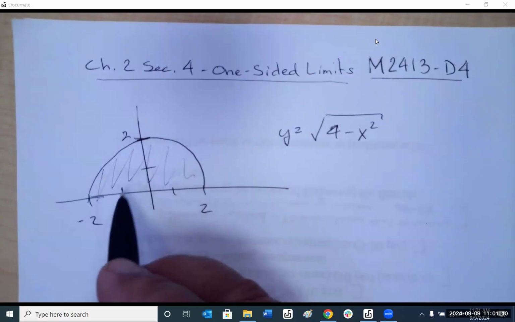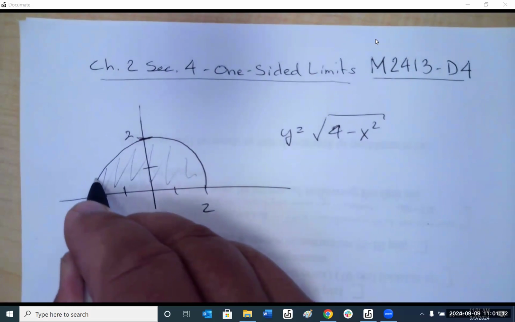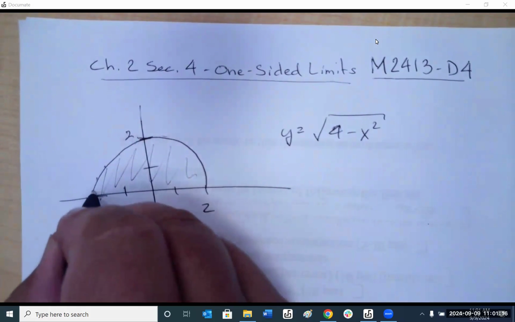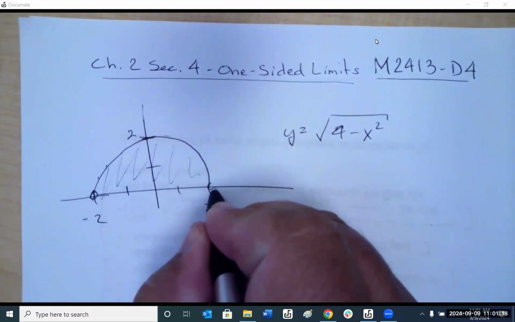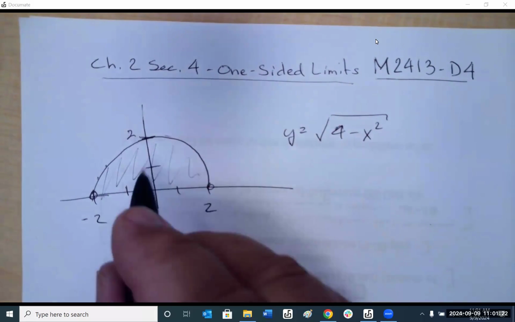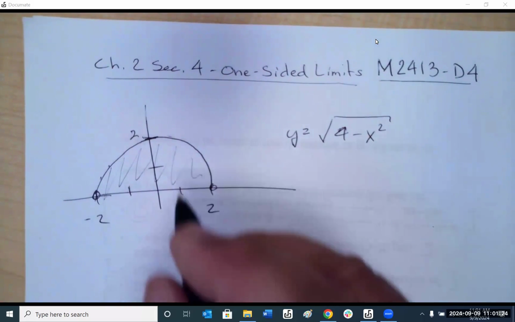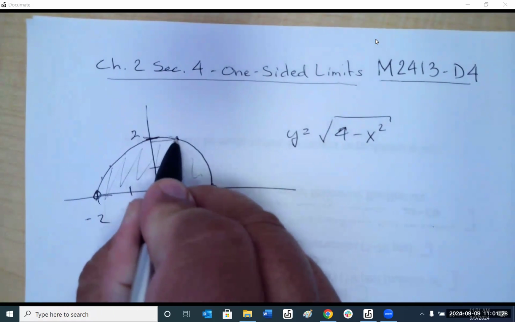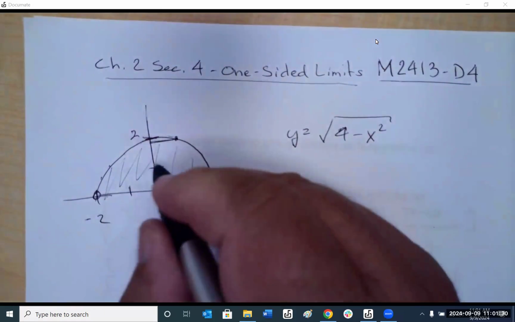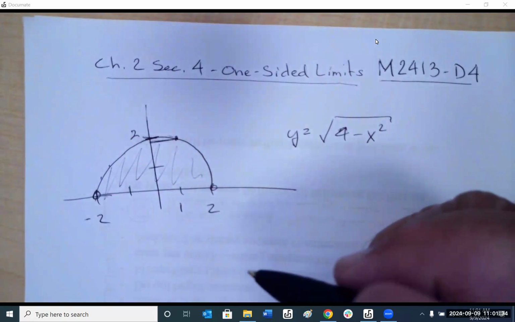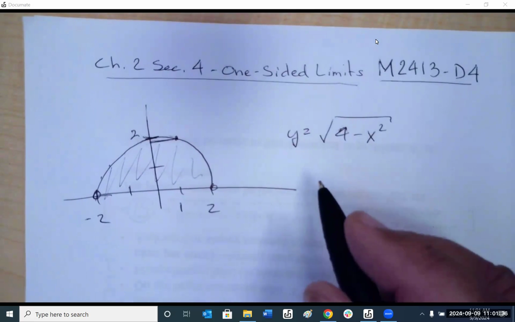We could find the limit points at each of these points. But the problem comes, what happens at the endpoints? Because if we're looking at this point here, does the limit exist? Yeah, it's somewhere up there. How do we know it exists? How do we know the limit is true?